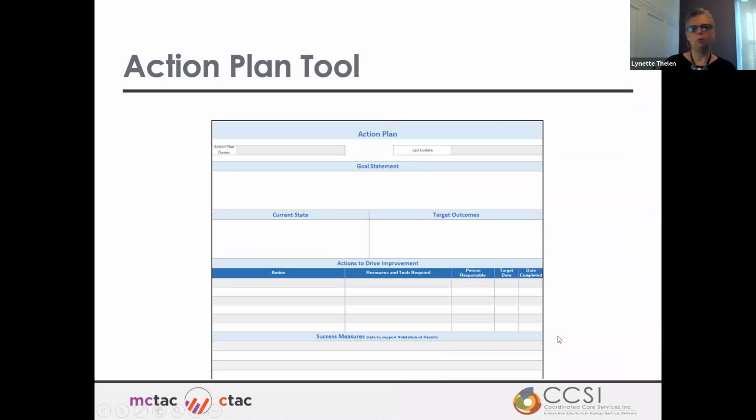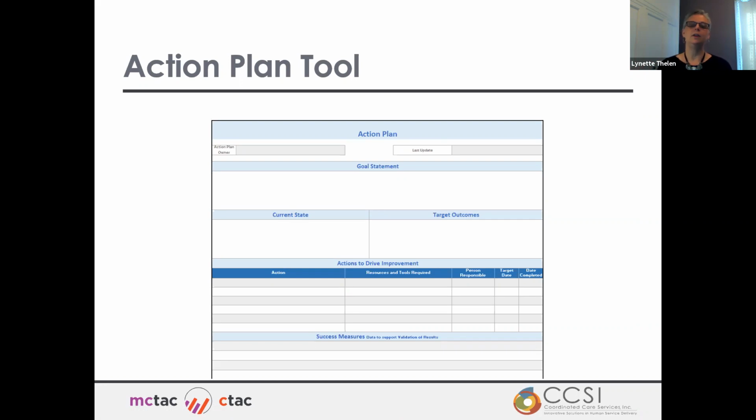So we have an action plan tool, which helps you put together all of the pieces that you need, that we just talked about. Really, it's a place where you can document what are my goals, what's the current state, what are my target outcomes, and what am I going to do to drive improvement.